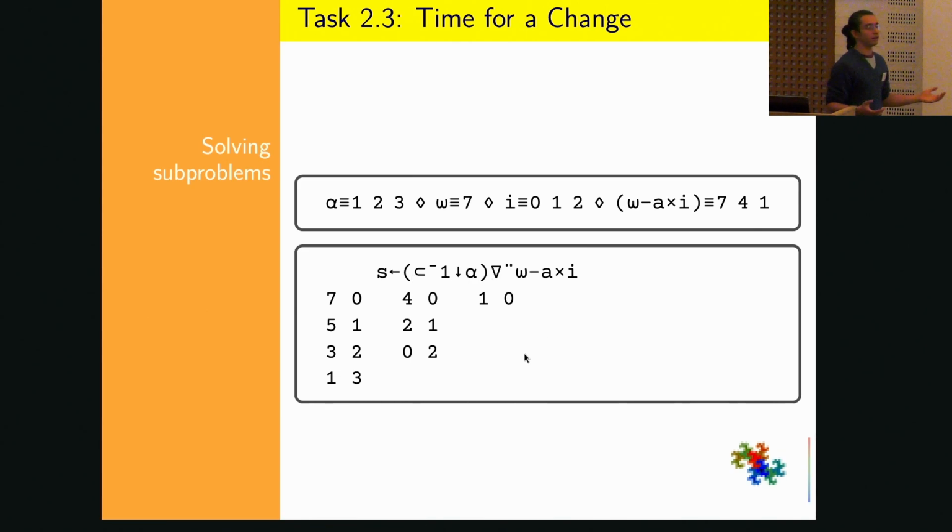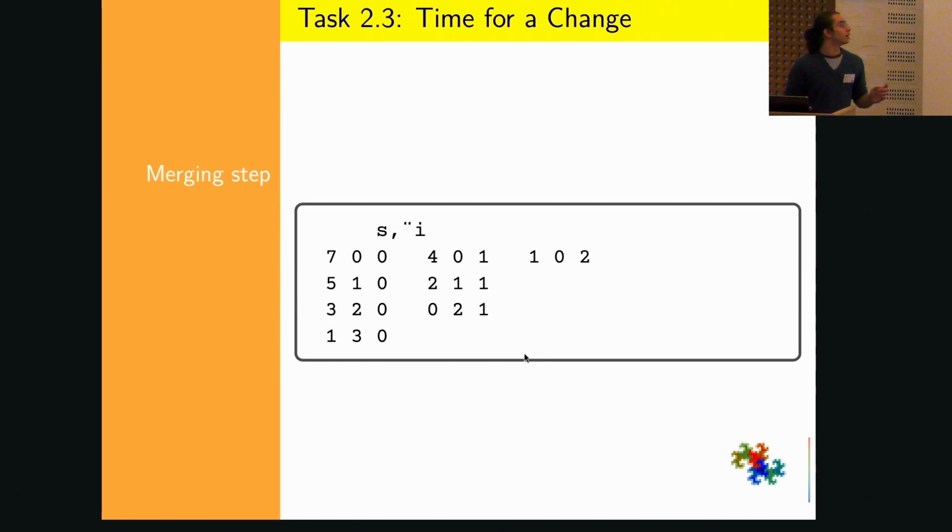So by inductive hypothesis, this will give us, for each recursion, the desired solution. And now all we have to do is concatenate to the right of the matrix the amount of coins that we took away from the total. So in the first case, we took away 0 coins. In the second case, we took away 1. And in the third case, we took away 2 coins.